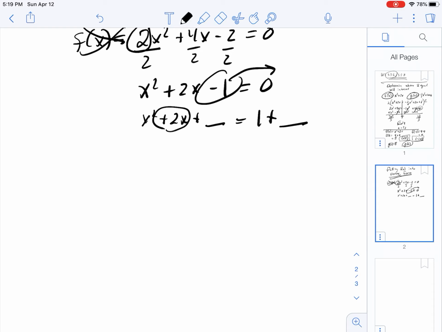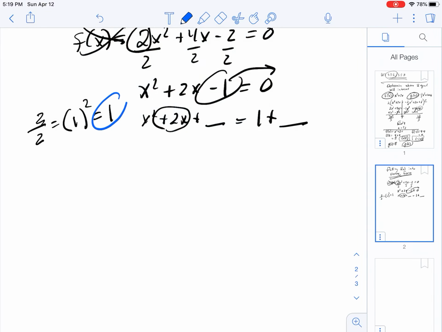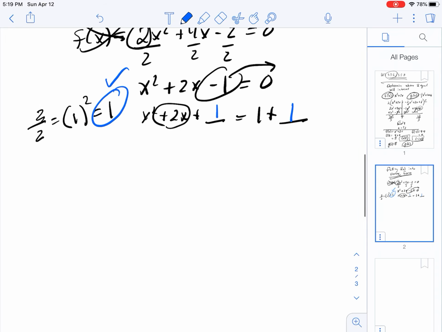Now here's the number that we start with. So we always divide by 2, so we get 1 squared equals 1. Now this is the first one we use here, 1 and 1, and then this piece is going to be x, in this case x plus 1 squared.